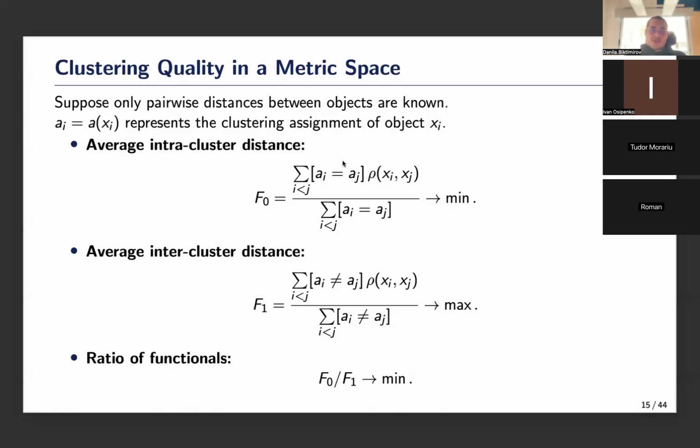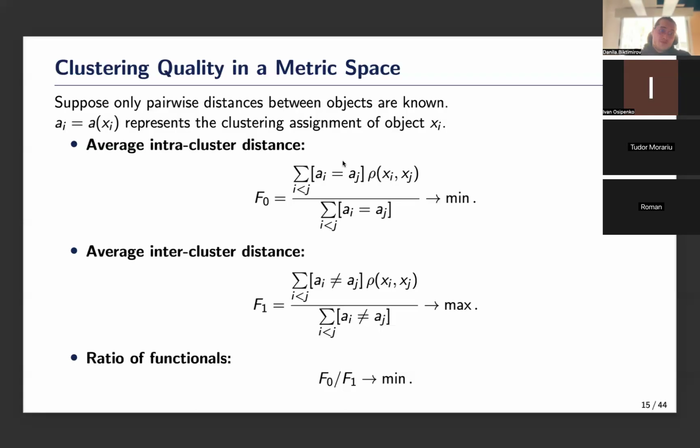A major disadvantage of this approach is that it requires pairwise comparison of all objects in our dataset, leading to quadratic complexity, big O of n squared, which becomes infeasible for a large dataset.